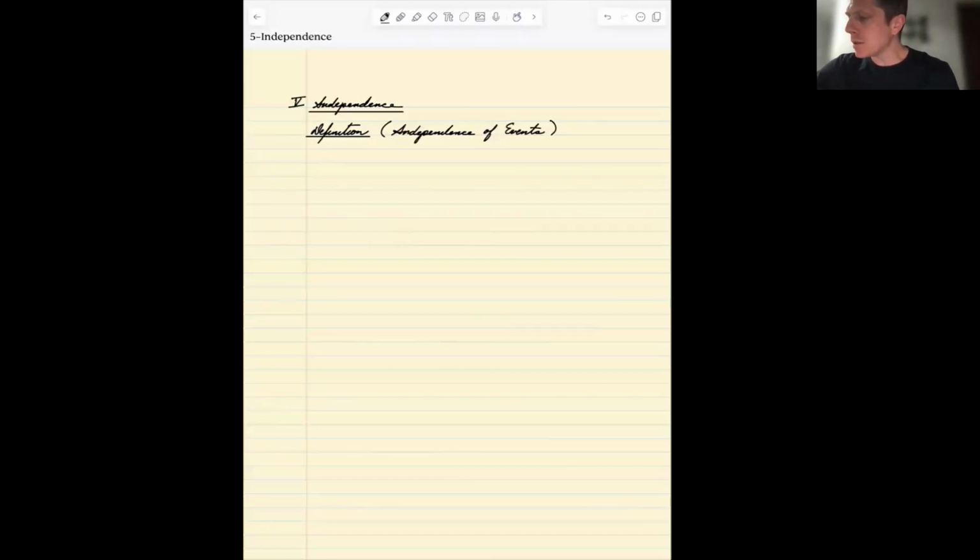The common definition is that, in the usual setup, P is a probability measure on omega, then A and B are independent.